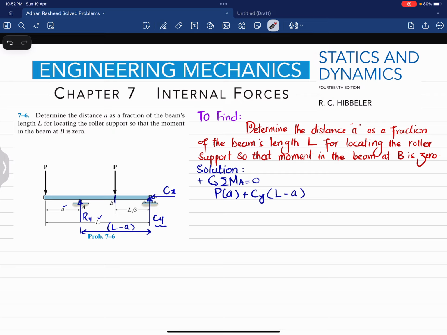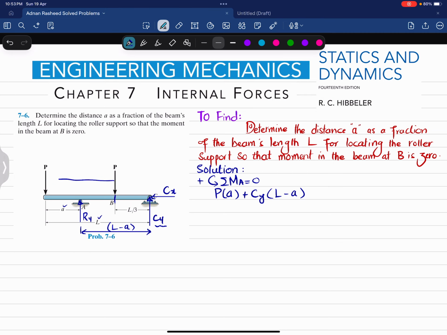The last load that is producing moment is this P, and the perpendicular distance is this one, which we will get. How will we get it? You can see that this total distance is L. Clear? So the remaining distance will be L minus L by 3, and then we will remove this A. The distance between these two P is L minus L by 3.